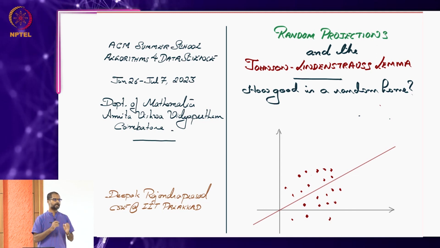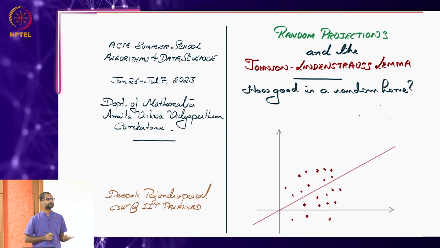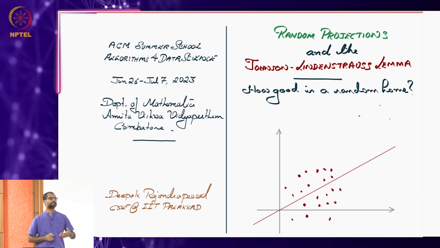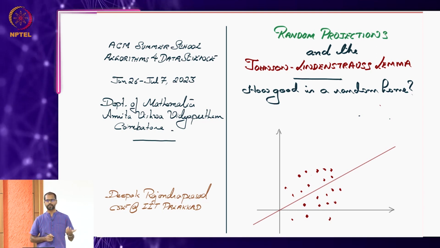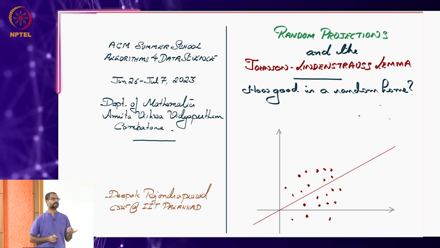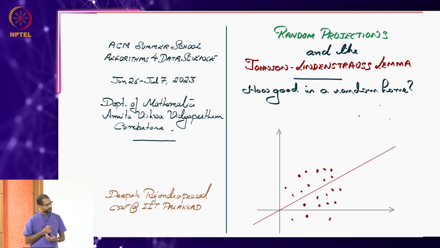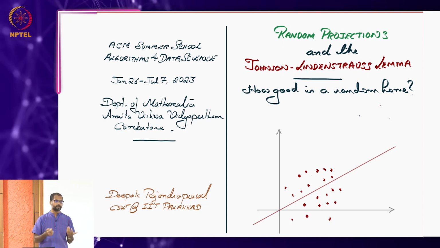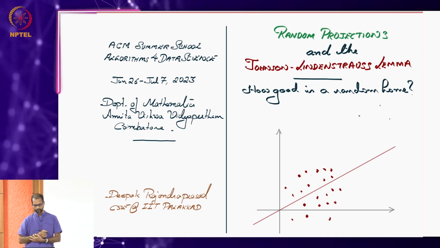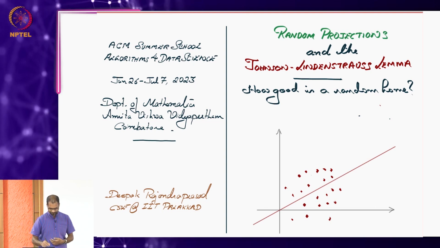What is different from SVD is that SVD was a carefully chosen low dimensional subspace. Now, this is the other extreme. It is a randomly chosen k-dimensional subspace. We will have to formally define how to randomly choose a subspace, but we will see that.